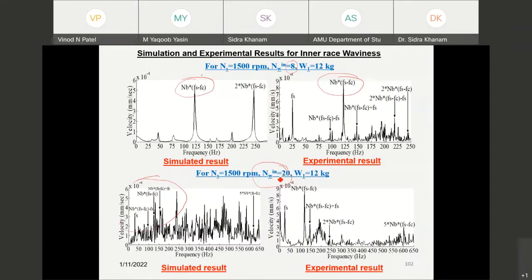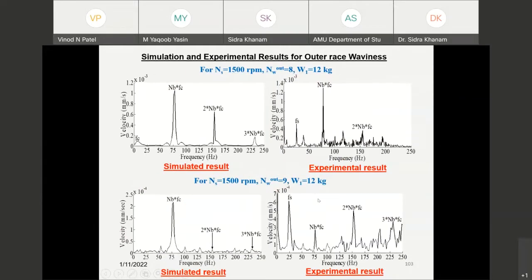While higher order waviness is available in the system, it will give some complex result. But still it is verified with the experimental results available with us. And the same thing has been repeated for outer race waviness also.